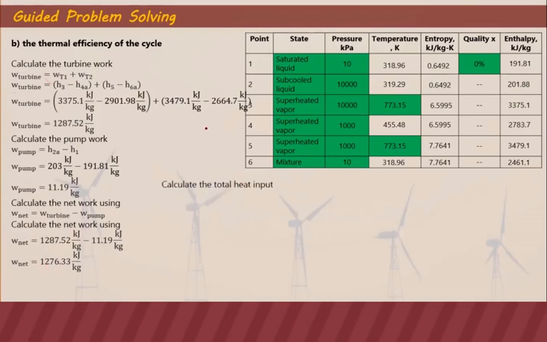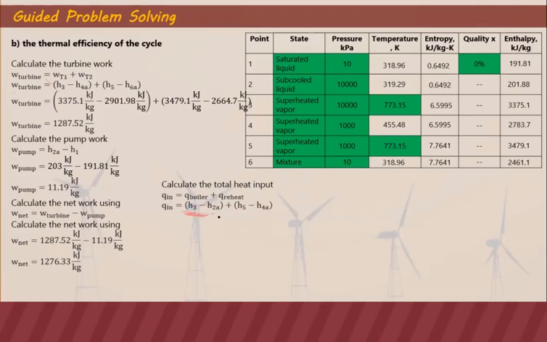And then, efficiency is also a function of the total heat input in the boiler. The total heat input is equal to the heat in the boiler plus the heat because of the reheating. So our total Q in is H3 minus H2A plus H5 minus H4A.